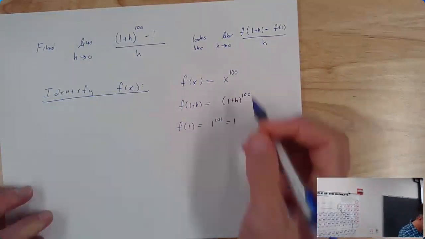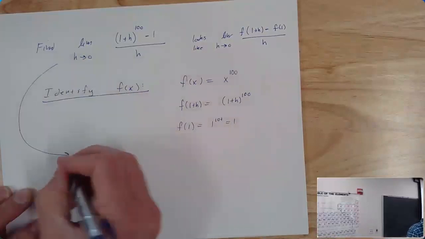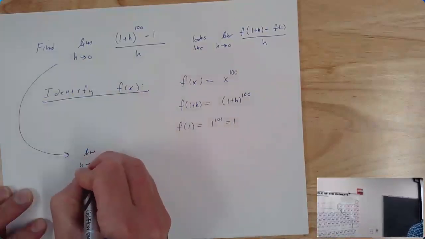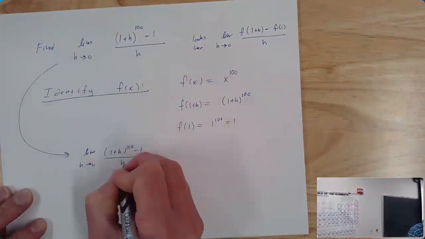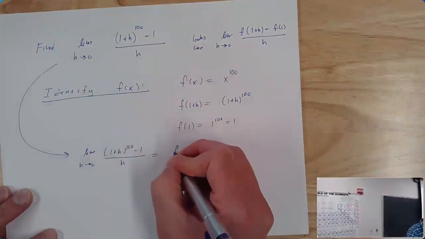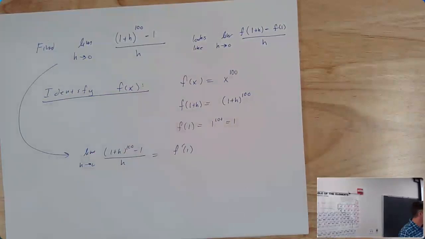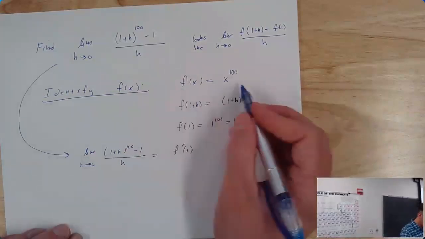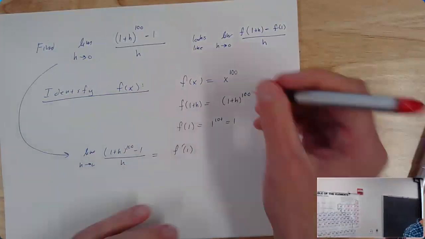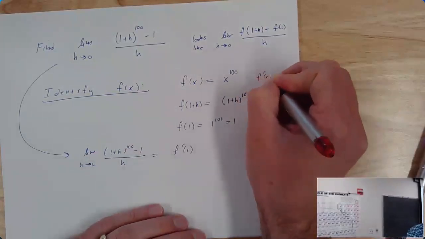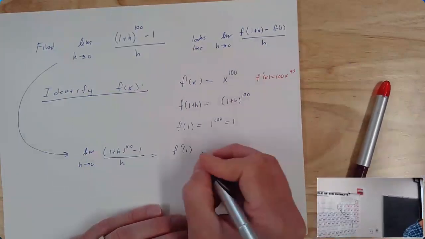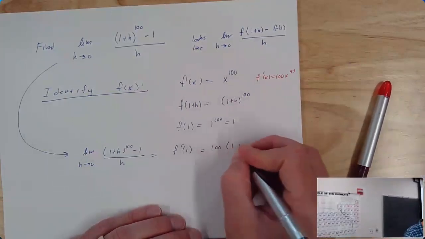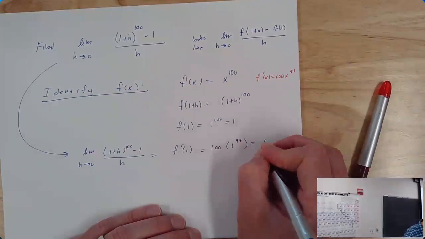Then this limit as h goes to 0 of 1 plus h to the 100th power minus 1 all over h is just f prime of 1. We know that f of x is x to the 100th, so f prime of x is 100x to the 99th power. So f prime of 1 is 100 times 1 to the 99th power, which is just 100.